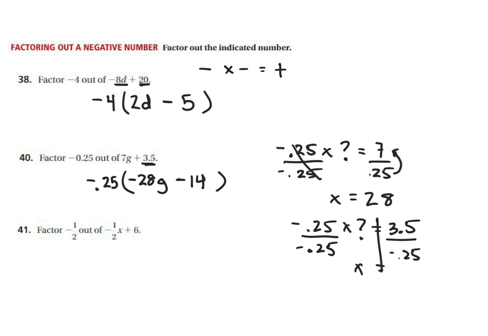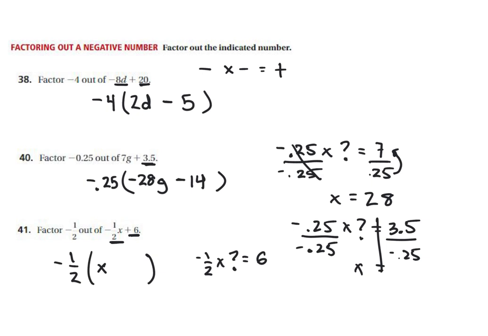And now finally for 41, we're going to factor out negative 1/2. So negative 1/2 times what would give us negative 1/2 x? Just x. Negative 1/2 times x is negative 1/2 x. Negative 1/2 times what would give us positive 6? So let's do negative 1/2 times what equals 6.